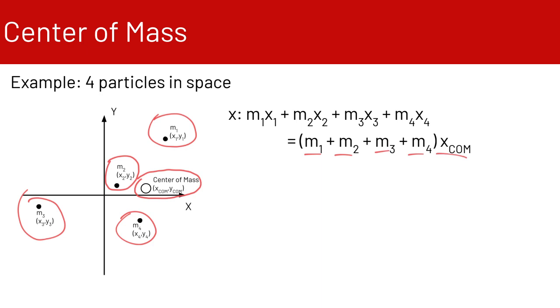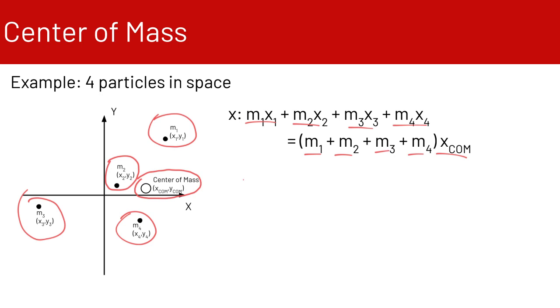So we've factored out the masses and multiplied that by the center of mass, and that equals each of the masses times their individual positions in the X direction.